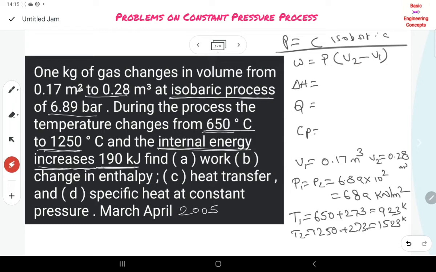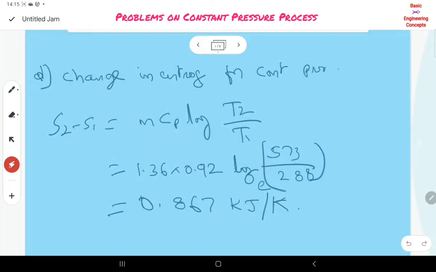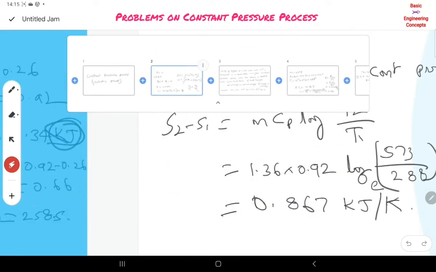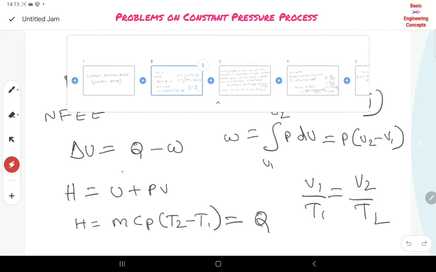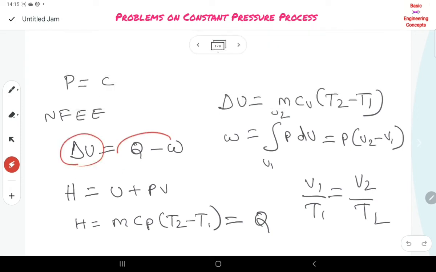Next, enthalpy. So what is the enthalpy? As I already explained, for the constant pressure process, delta U is equal to Q minus W, and H is equal to U plus PV. So in a constant pressure process, change in enthalpy is equal to heat transfer.